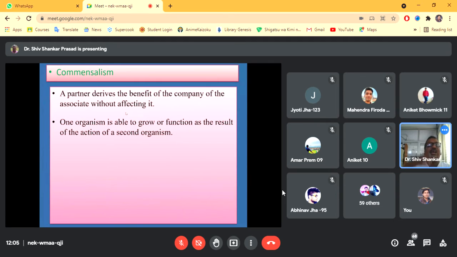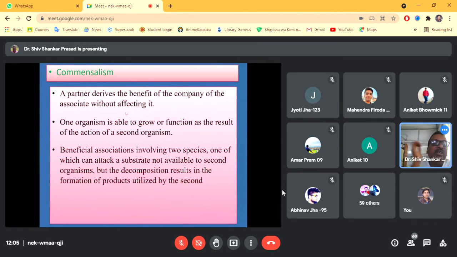तो एक ऑर्गेनिज्म अगर कोई फंक्शन करता है, उसका जो बाय प्रोडक्ट आता है, that is utilized by the second group of organisms. Okay, so one organism is able to grow or function as the result of the action of a second organism. So, like a beneficial association involving two species, one of which can attack a substrate not available to the second organism, but the decomposition results in the formation of products that are utilized by the second organism.